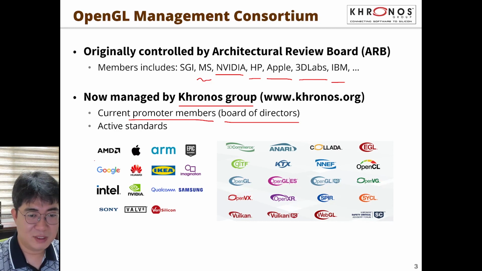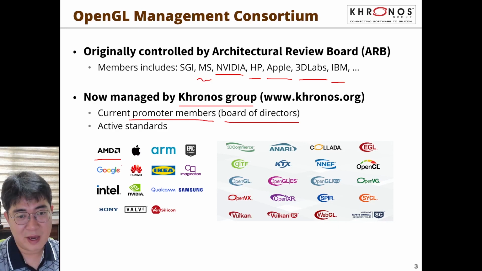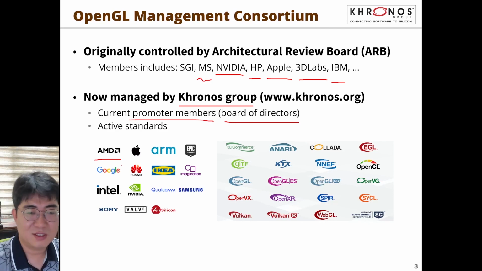Current members include AMD. You know that AMD makes CPUs as well as GPUs, so they are interested in developing CPU-specific and also GPU-specific things. They are one of the key members.